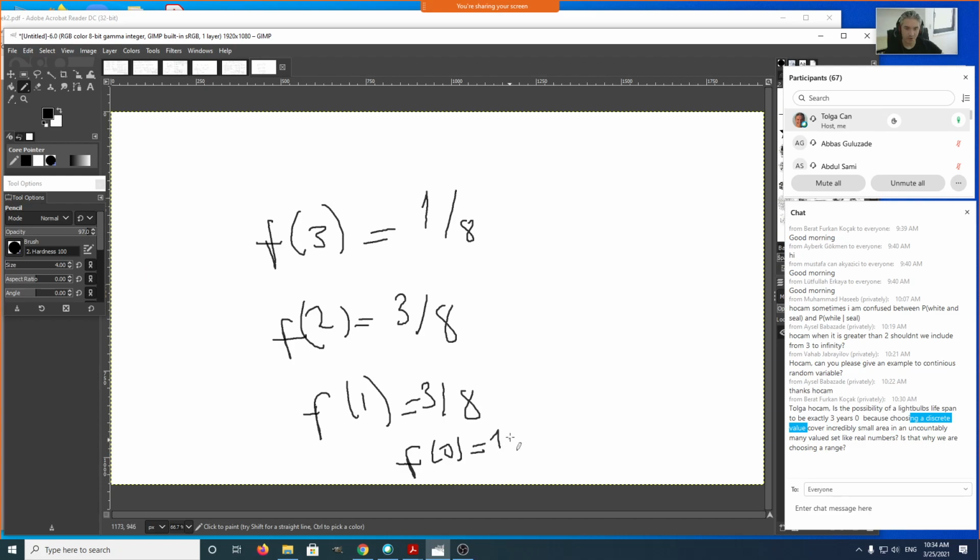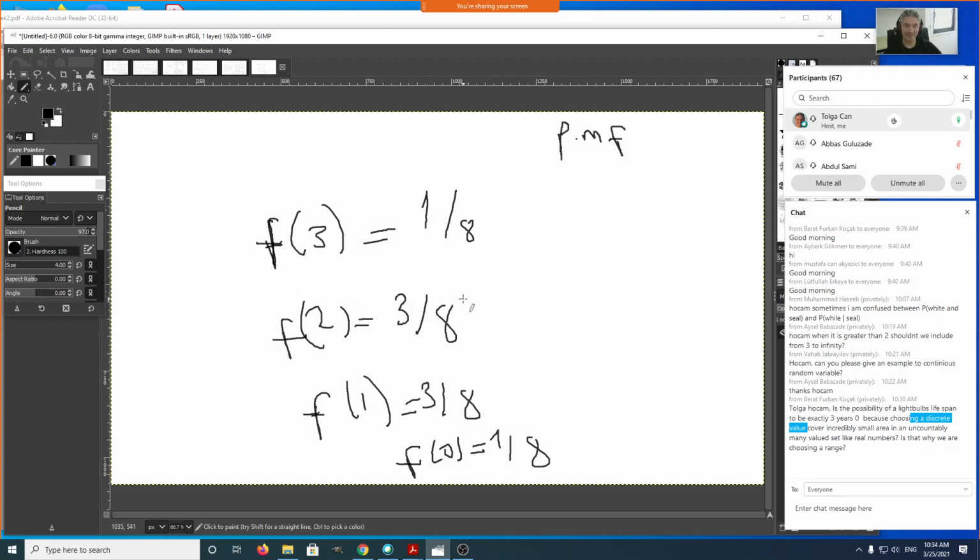It's going to be 1 over 8. So these are the possible values our random variable can take, 0, 1, 2, 3, and this lowercase f, which we call the probability mass function. Probability mass function in the case of discrete random variables gives us the probabilities directly.